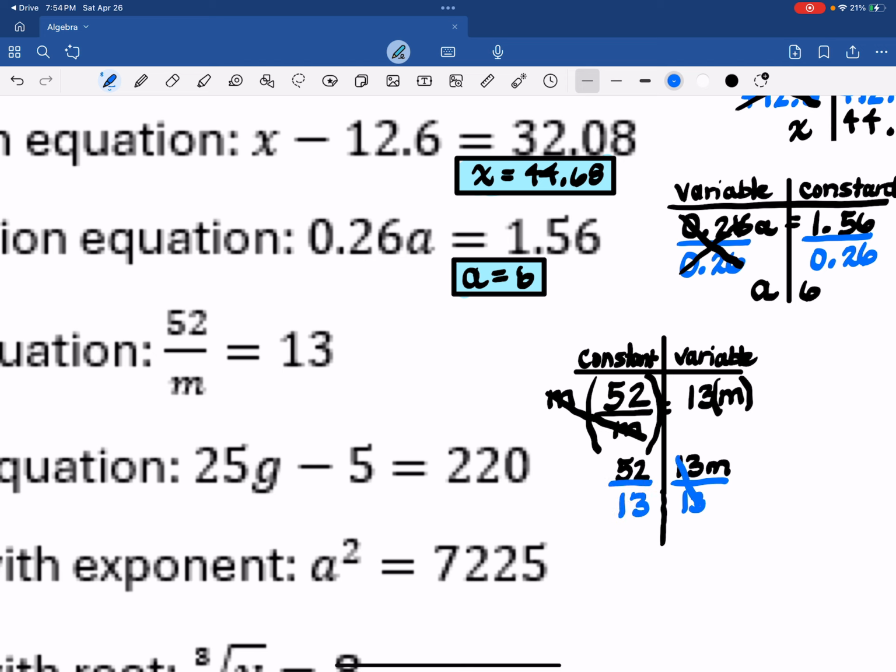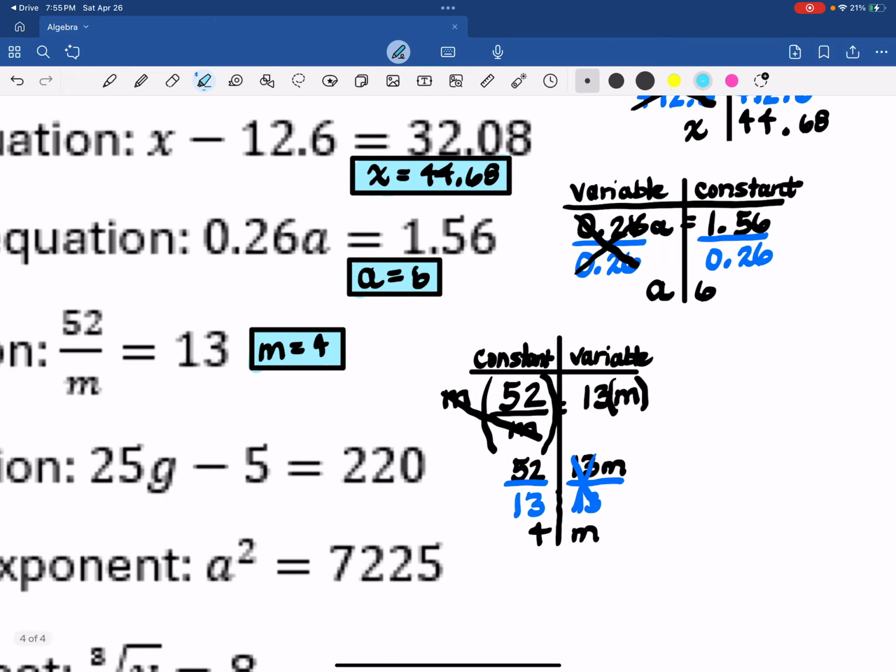Here is the canceling that I have to have every step of the way. 52 divided by 13 is 4. So this solution, m equals 4. These get gradually more difficult, but the golden rules never change. You can never break them, and they work every time.